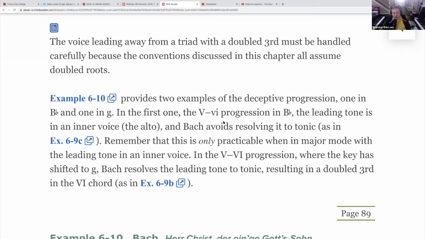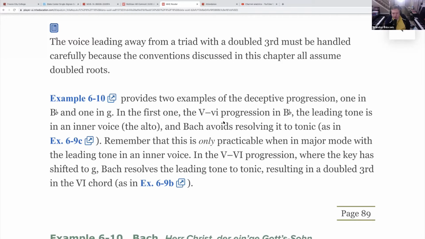In the first one, the 5 to 6 chord progression in B flat major, the leading tone is in an inner voice, the alto part. And Bach avoids resolving it to tonic, as in example 6-9C. Remember that this is only practicable, big words there, when in major mode with the leading tone in an inner voice.